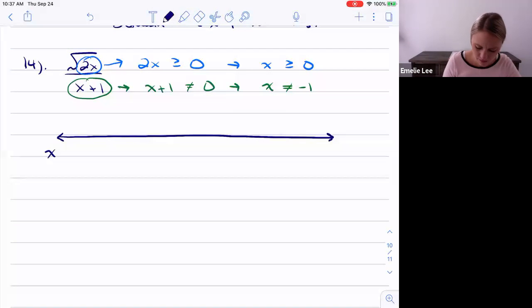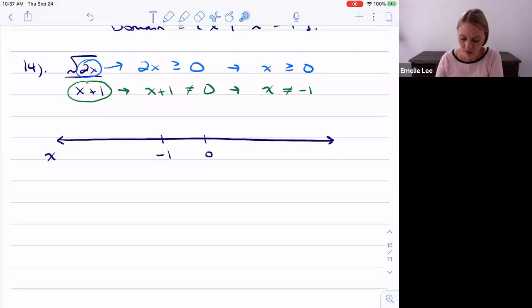I've got some reference points: I'm at 0, I've got points at -1, and those are the only two I've pointed out here. Depending on the question, you might want to put some other reference points on here. Maybe it's nice to have 1 to show that it's going in the positive direction, even though it should be implied and understood.